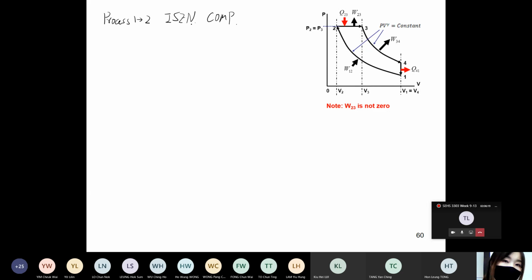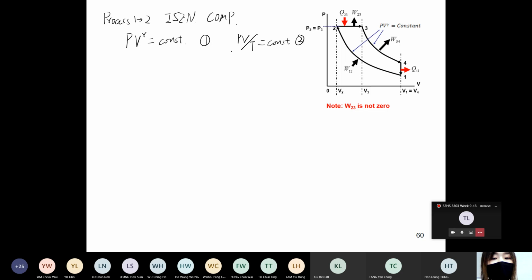By seeing this word, isentropic, we can write the characteristics of this process: PV^gamma equals constant. That's our equation 1. We have air, the perfect gas, as our working fluid. So we have the property of perfect gas, that should be PV over T is constant, right?